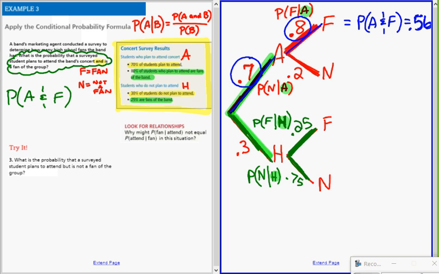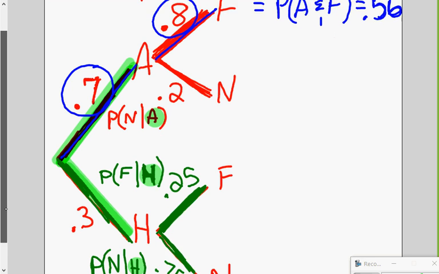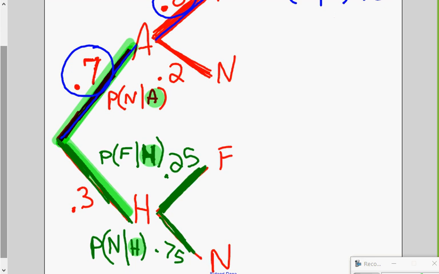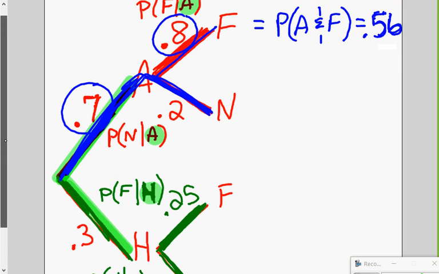And you can use the probabilities in a tree diagram to get all of those outcomes. So you can just follow any of the paths. For example, if you wanted to know what's the probability that you are attending the concert and not a fan, you're going to multiply 0.7 times 0.2. You always multiply to get to the end of the branch.